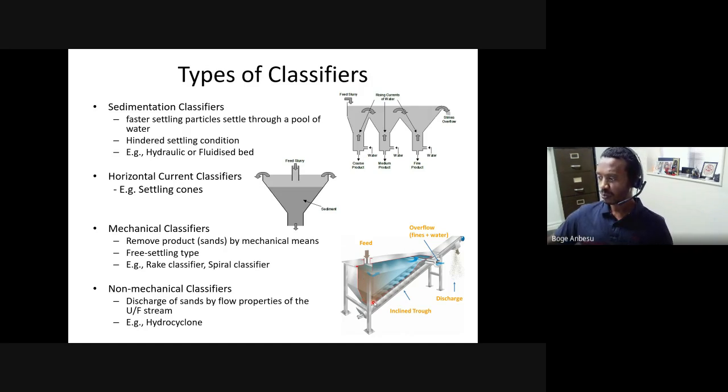As the solid particles settle, they accumulate at the bottom here. Once you have that accumulation of solids, you can use some mechanical means to remove them from the bottom. You could, for example, use a rake, which constantly drags the solids up, or a spiral, which rotates gently, picking up particles and pushing them upwards.